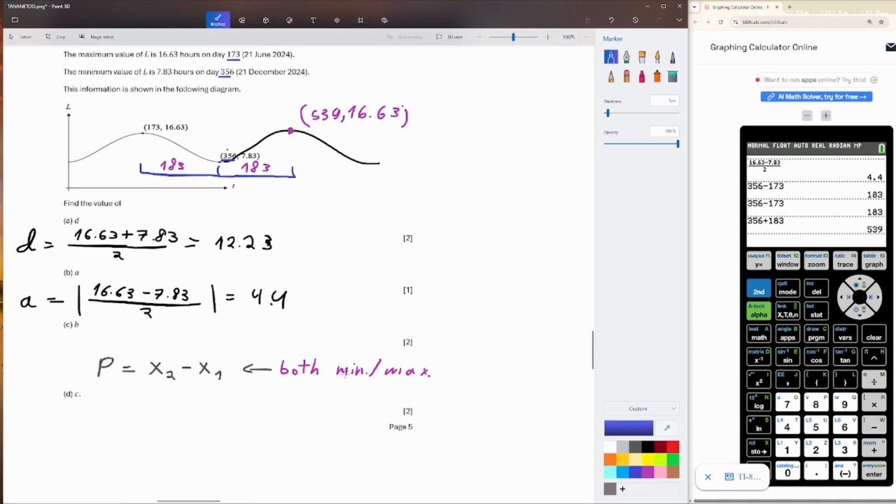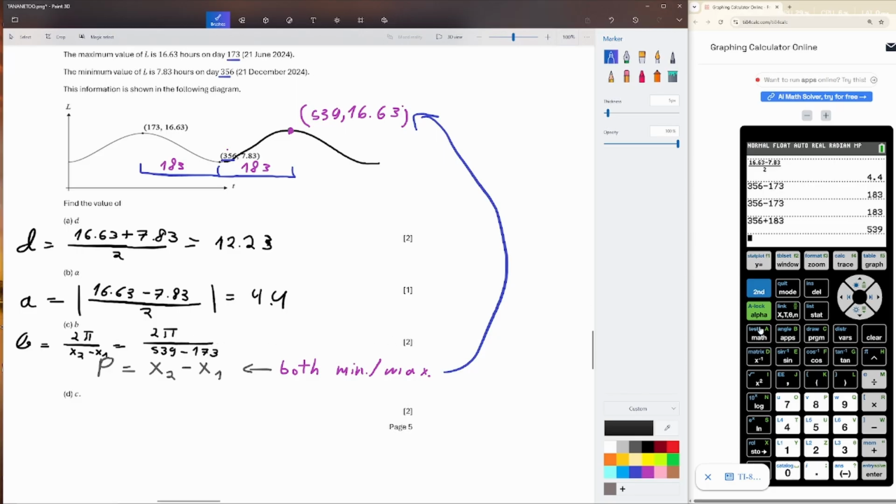And now you have seen that you have two of the maximum points, and the formula for B is that you divide, let's use radians over here because it's not specified, 2π divided by the period, and the period is obviously x2 minus x1, where it's the maximum. So you get 2π over 539 minus 173.